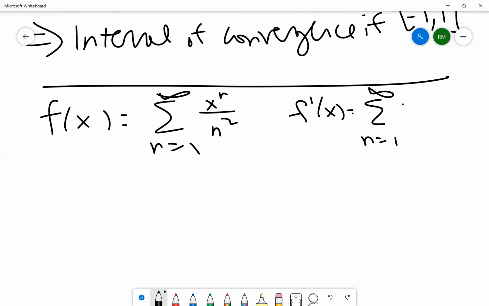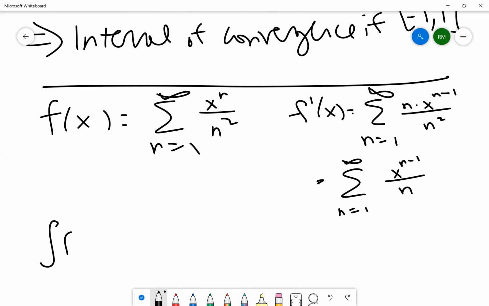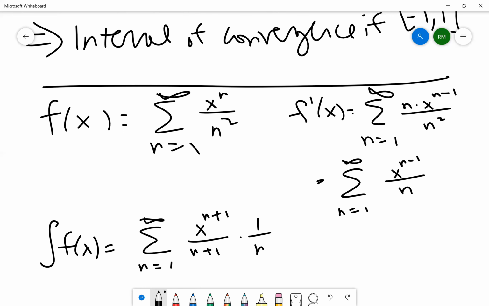This becomes n times x to the n minus 1 over n squared, which is the sum from n equals 1 to infinity of x to the n minus 1 over n. And similarly, the integral of f of x is the sum from n equals 1 to infinity of x to the n plus 1 over n plus 1, times 1 over n squared.